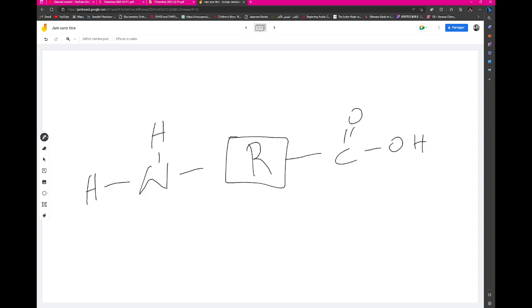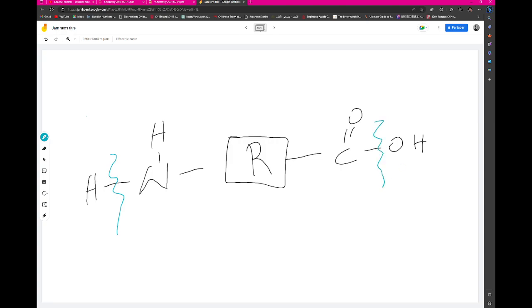But remember, what's going to happen is a condensation type of reaction, so this will be broken off when it's reacting, and this will be broken off when it's reacting.